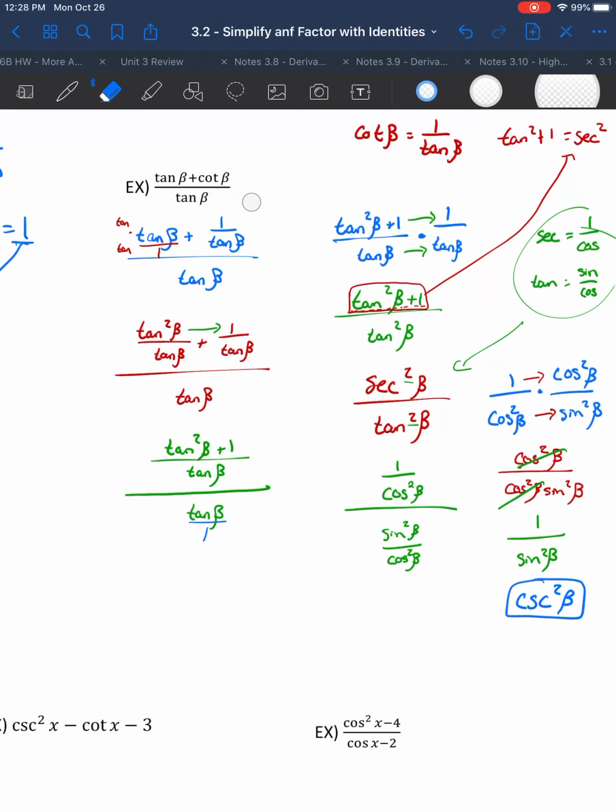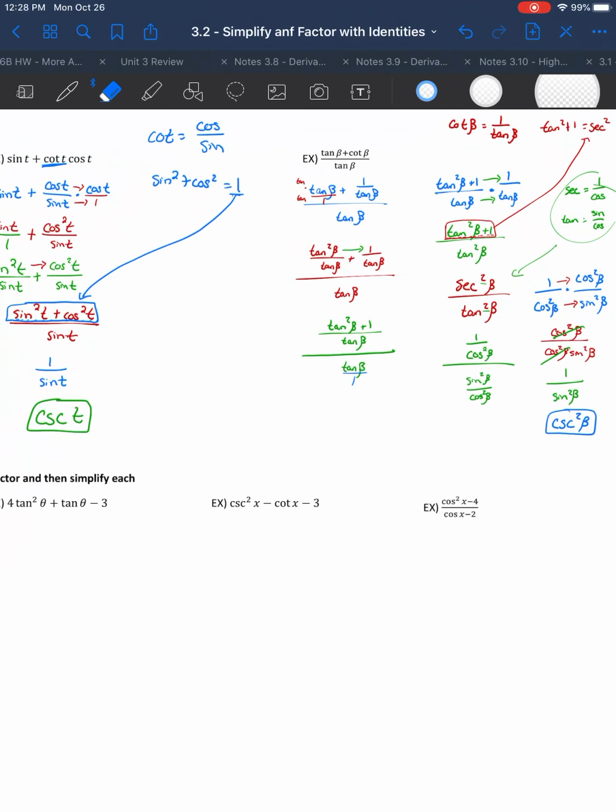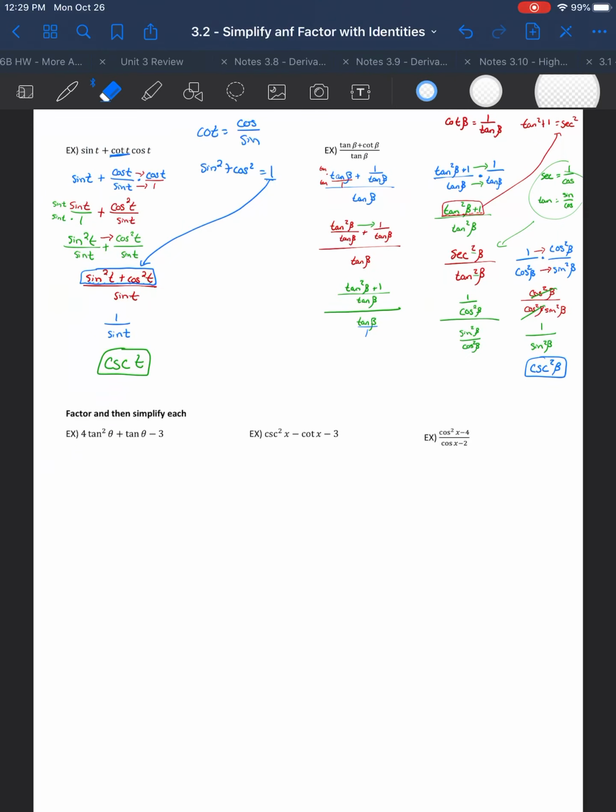What makes this lesson difficult is that there's no single correct way to do them. There are many correct ways. Try the properties and take a look at the second video to see how to factor.